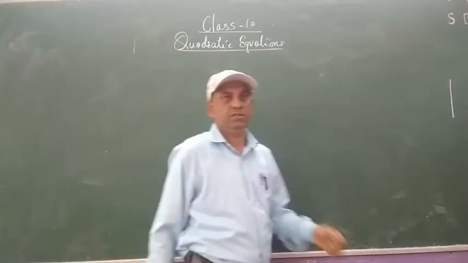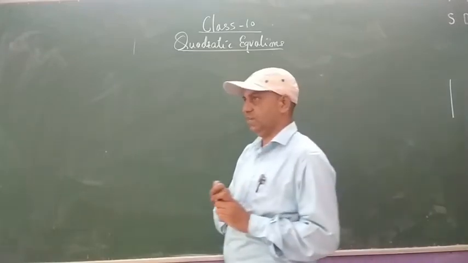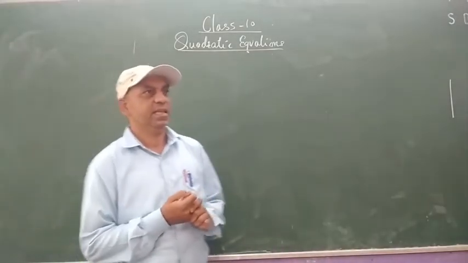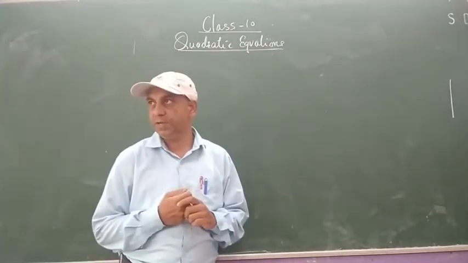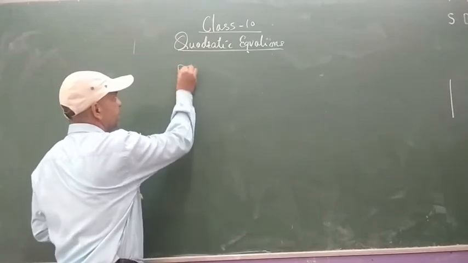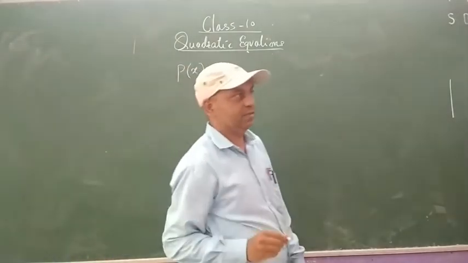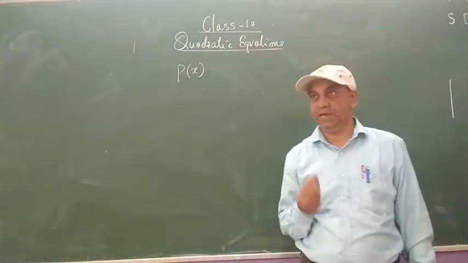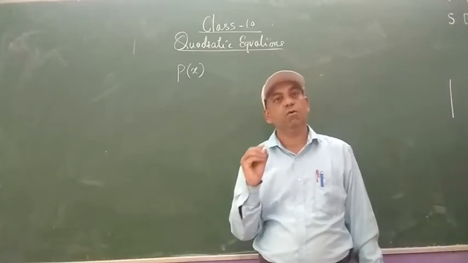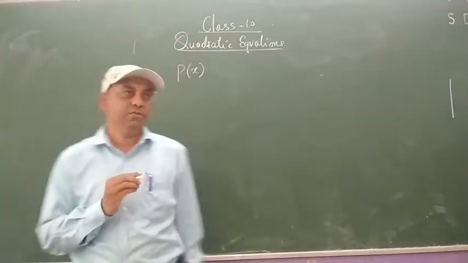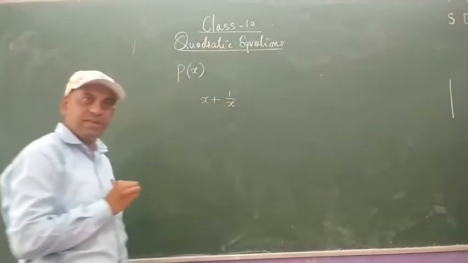Today we discuss quadratic equations. We have already discussed polynomials. There are various types of polynomials, and what is meant by a polynomial? P(x) is a polynomial where the degrees of the variables are whole numbers. Is x plus 1 upon x a polynomial?